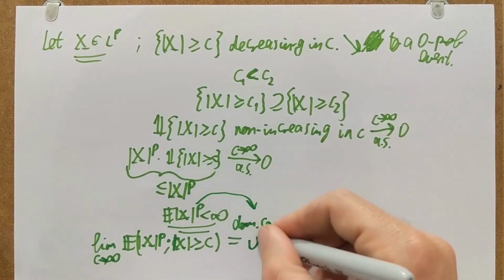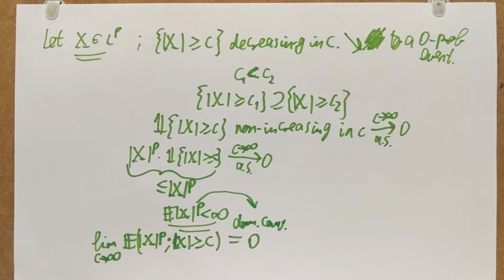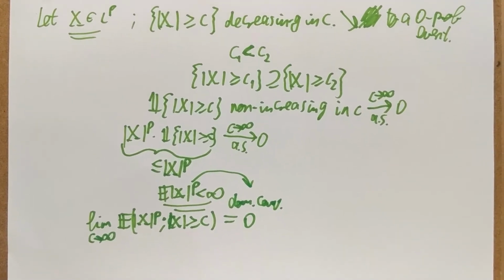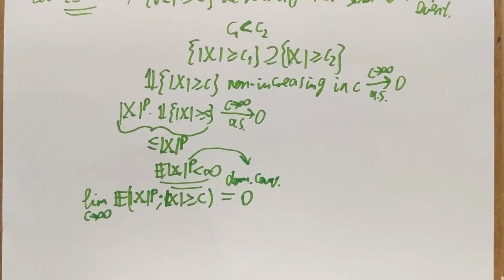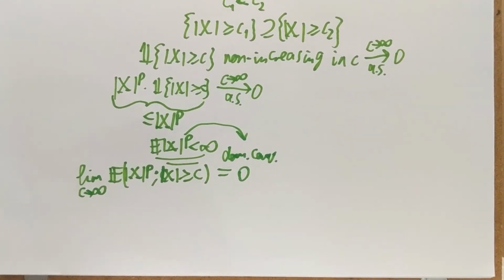For any given random variable, the expectation of |X|^p under the event that |X| is at least c will converge to 0.